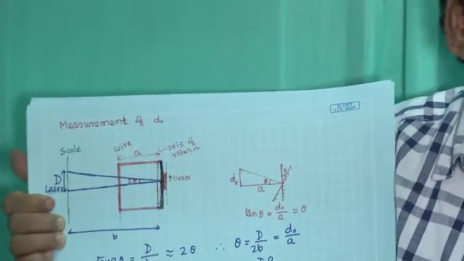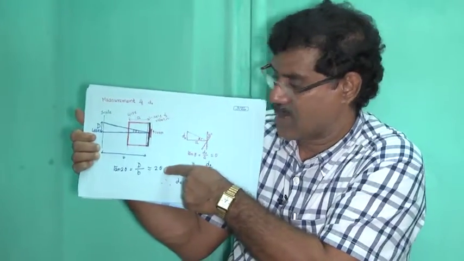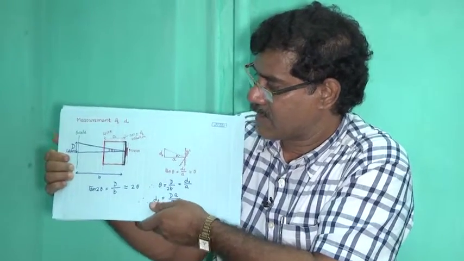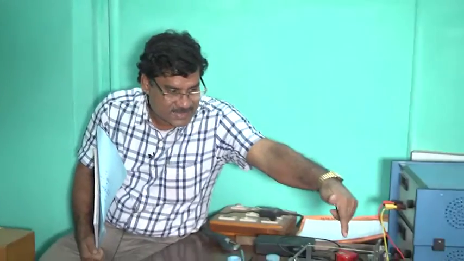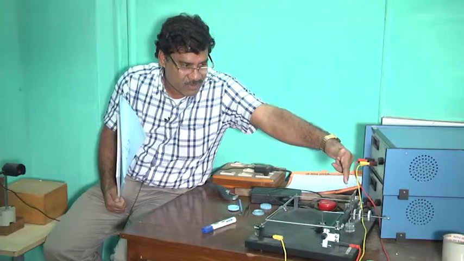Since this angle is very small, tan 2 theta we can write as 2 theta, right. Now you see here, this lever, this axis of rotation is this, where the mirror is.